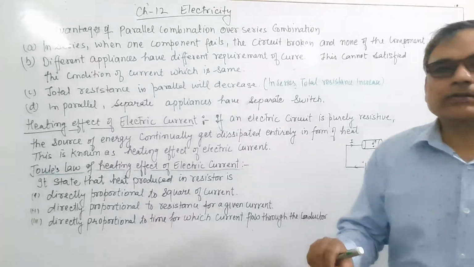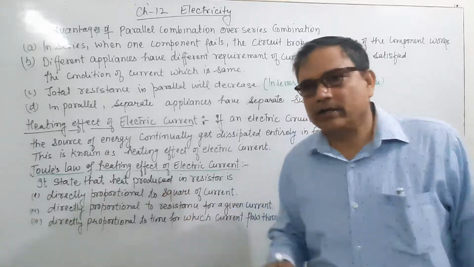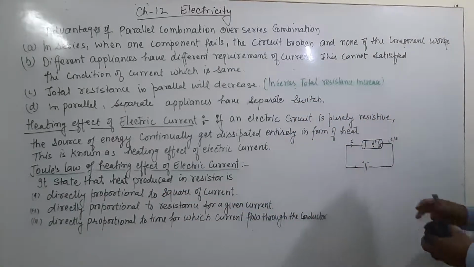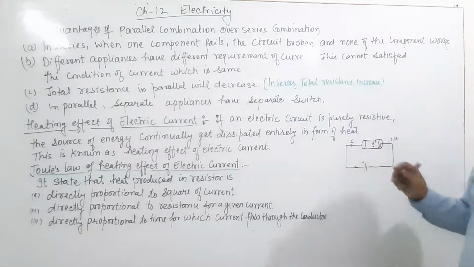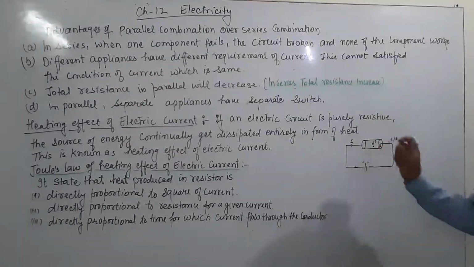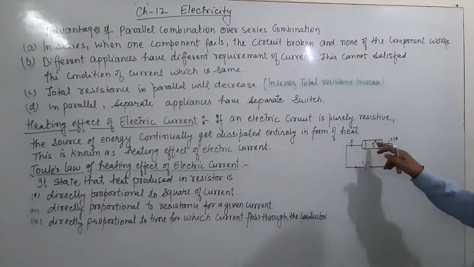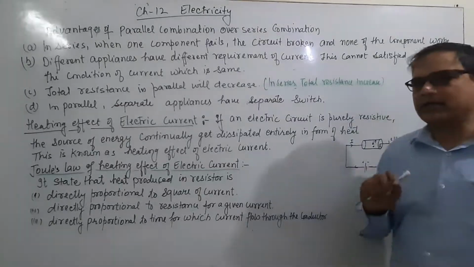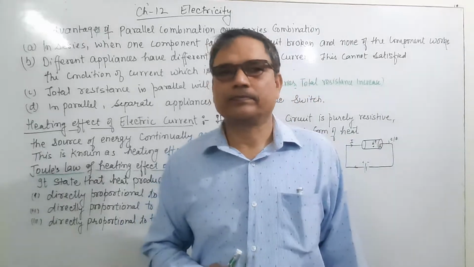And how does it release heat? For example, here is the circuit and here is the conductor. We see the conductor in large size. When the current is passed through the circuit, first, the cell is the source of energy, or the battery is the source of energy.